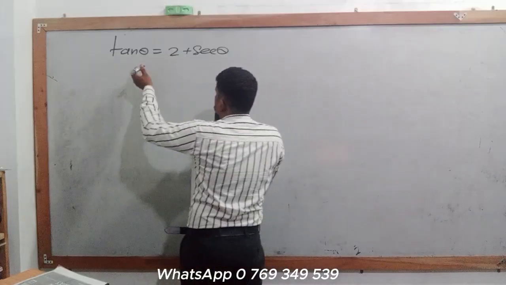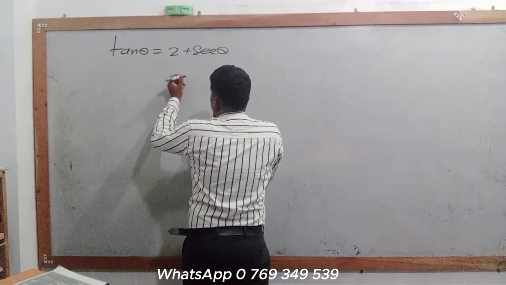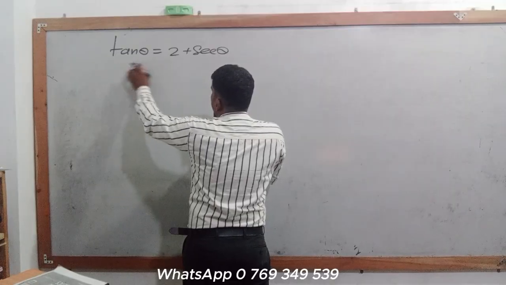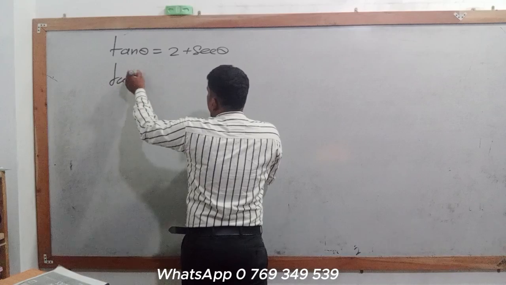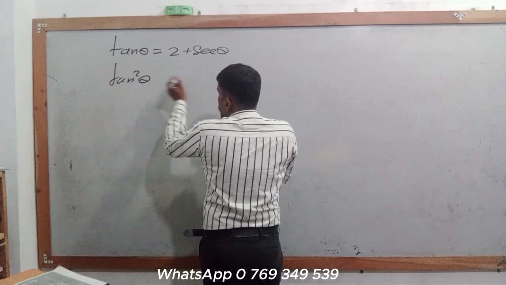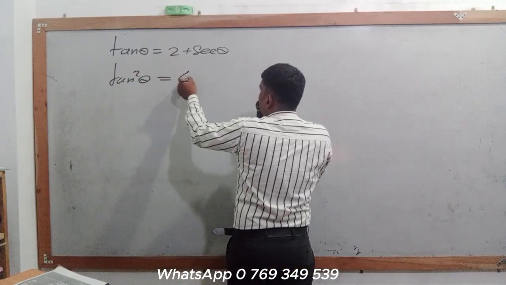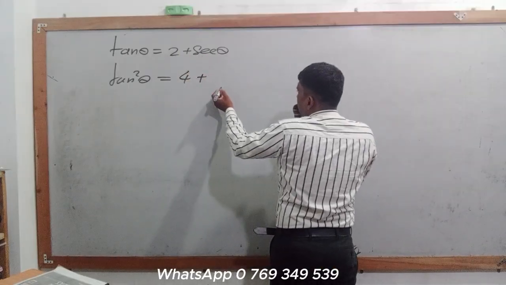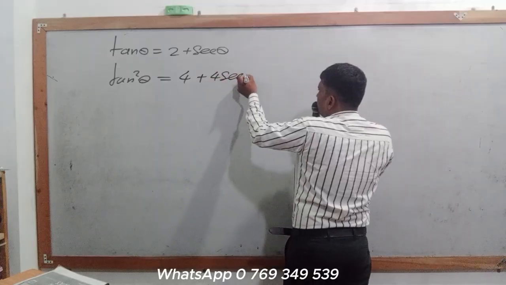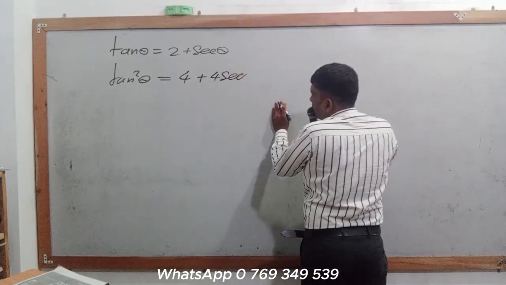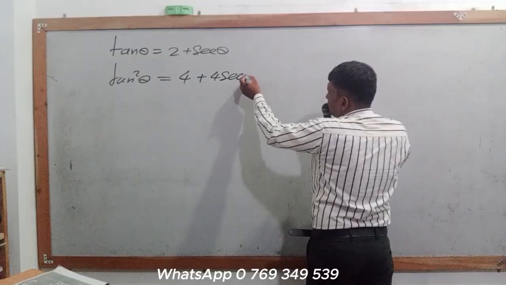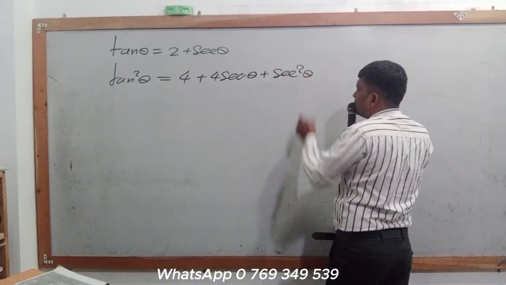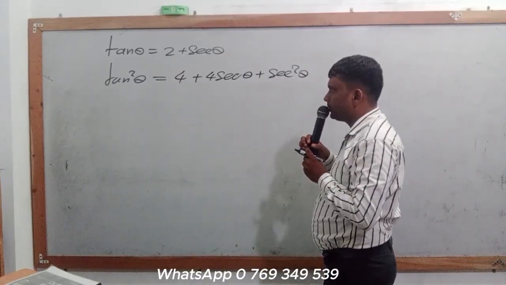Square both sides, and tan square theta equals 4 plus, multiplying those terms by 2, 4 sec theta plus sec square theta.